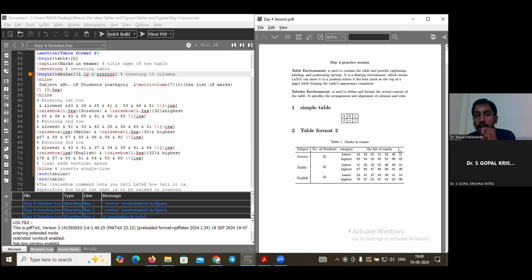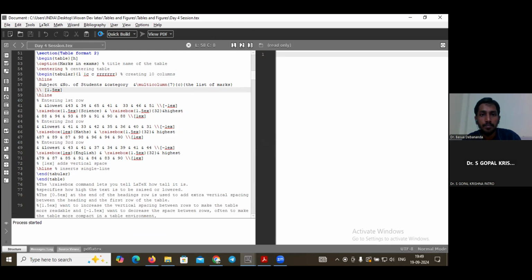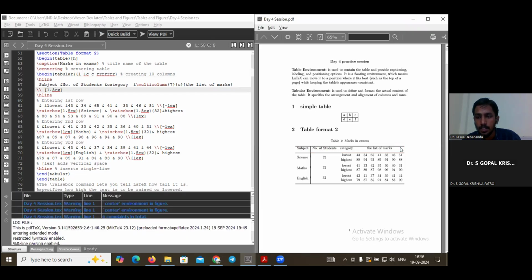If I increase it, say I write 1.5 and compile, see the vertical gap, how much it is coming. It is coming 1.5. Before that it was 0.5.